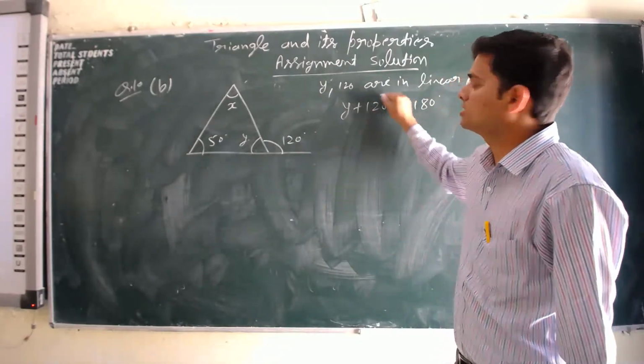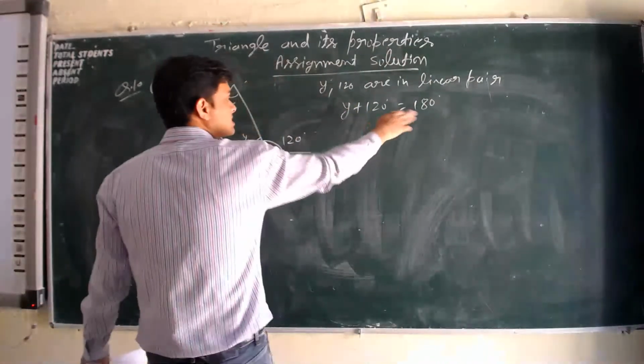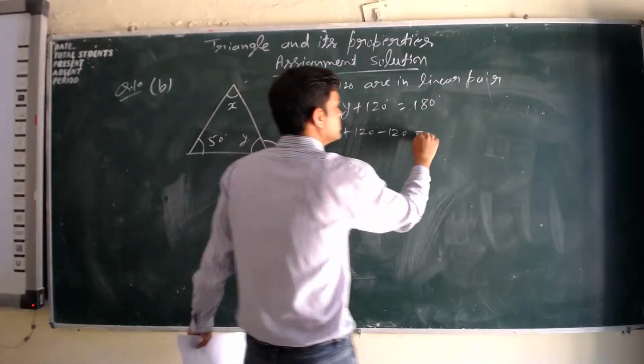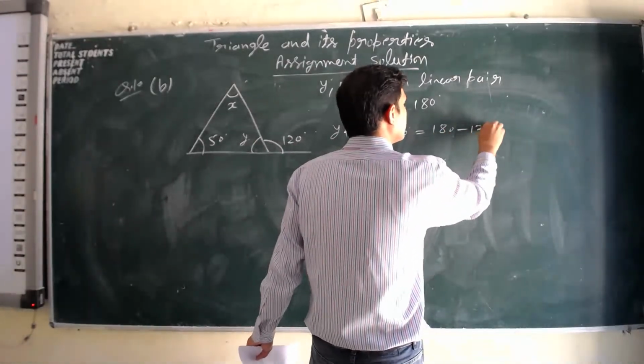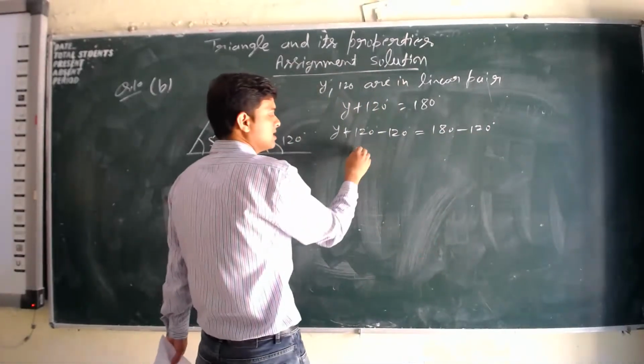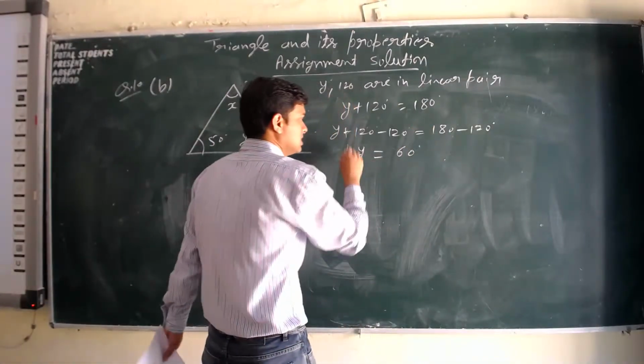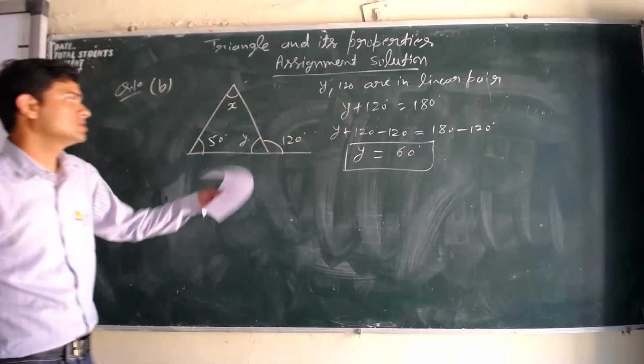Now we have to eliminate this, so we subtract the same amount from both sides. 120 minus 120 is equal to 0. 180 minus 120 is equal to 60. That's your answer. Y is equal to 60.